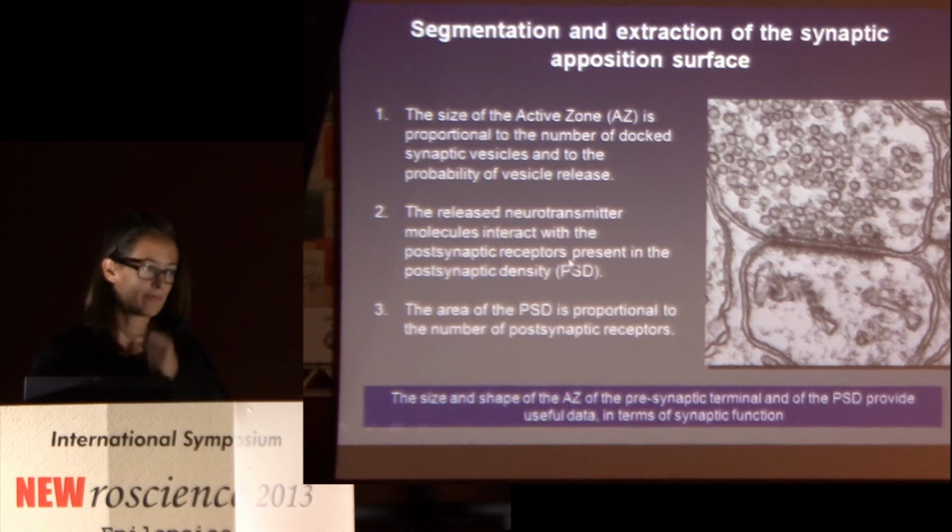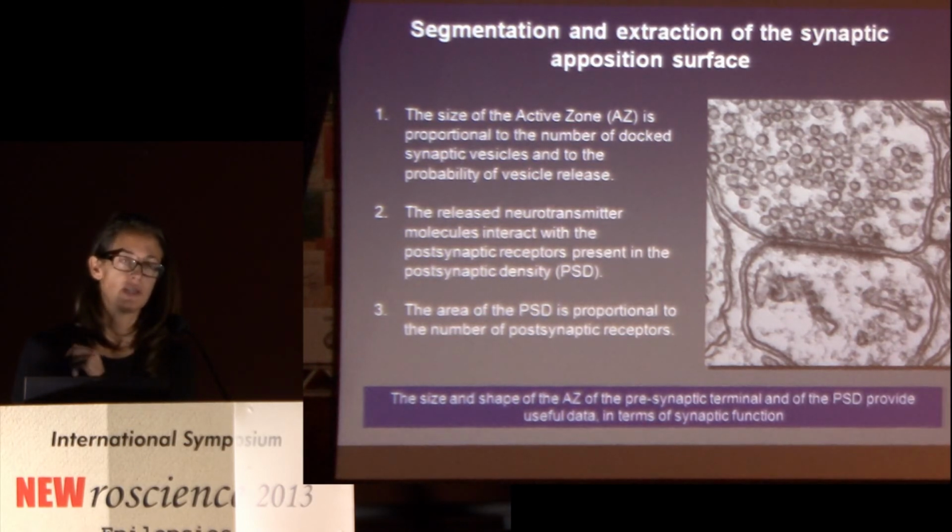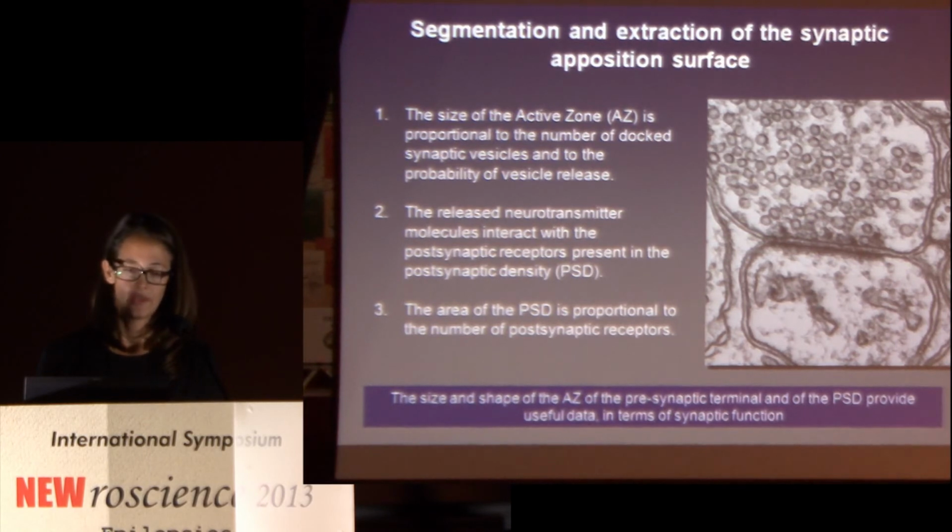This information about the synaptic apposition surface is very important in terms of neuroanatomy, because the size of the active zone, which is here, is proportional to the number of docked synaptic vesicles and to the probability of vesicle release. The released neurotransmitter molecules interact with the postsynaptic receptors present in the postsynaptic density, and the area of the PSD is proportional to the number of postsynaptic receptors.